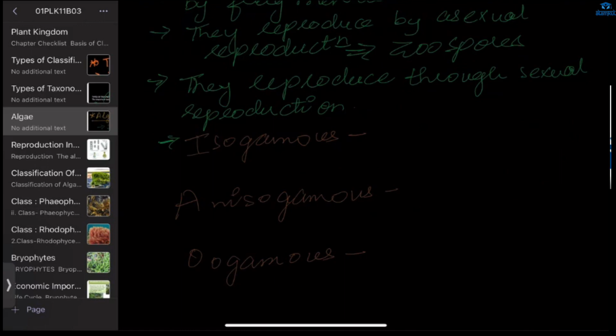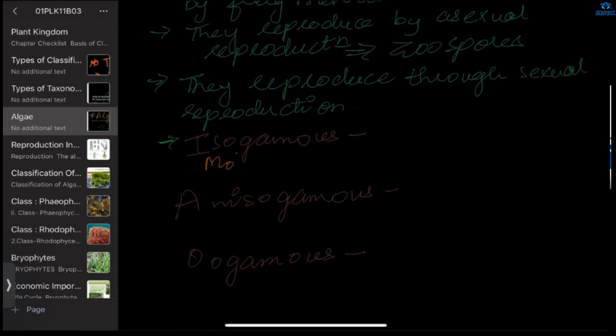So isogamous is basically two motile gametes or two non-motile gametes which are similar in their structure, in their sizes, and in their motility. They come together and form a sexual kind of reproduction. They share their gametes and then reproduction occurs. I have already written the definition in the previous chapter, so here we will take examples.